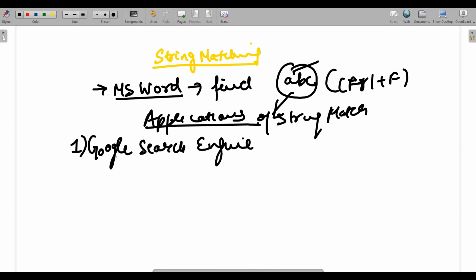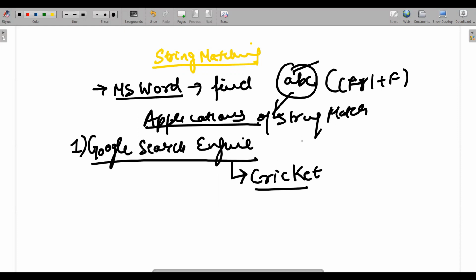Whatever you want to find, if you are writing cricket, CRIC, Google will by default give you the options for cricket. Same applies: whatever text I am writing as the pattern, let's say I'm writing the pattern CRI, by default cricket options will be given to us.